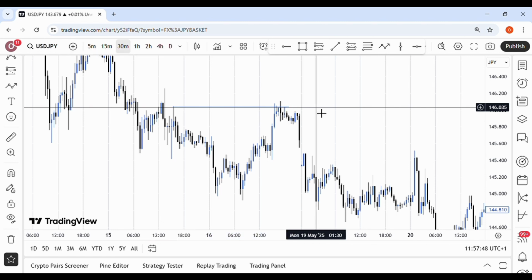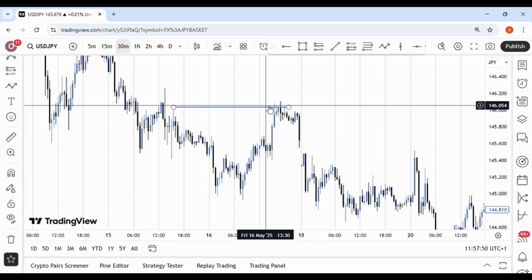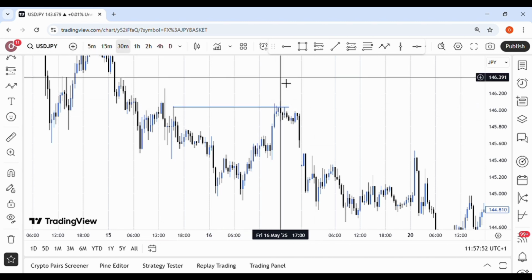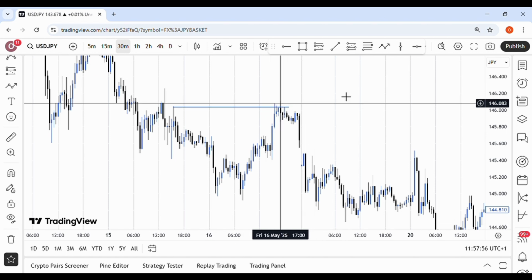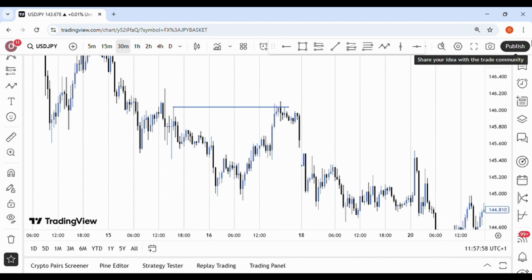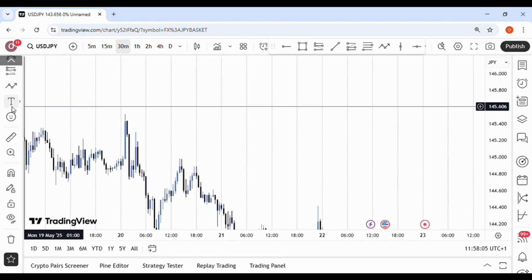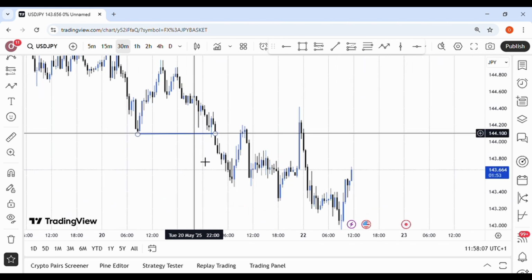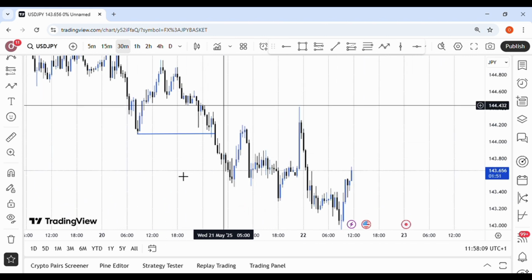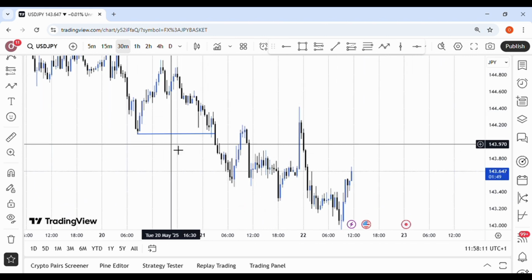Because price did not properly break above this particular structure with the full candlestick body. Price just showed a weak rejection in that particular place before going to the downside. So this is an invalid break of structure. Price needs to break out the structure with its full body. You can see it here, with the full body, before considering this as a valid break of structure.